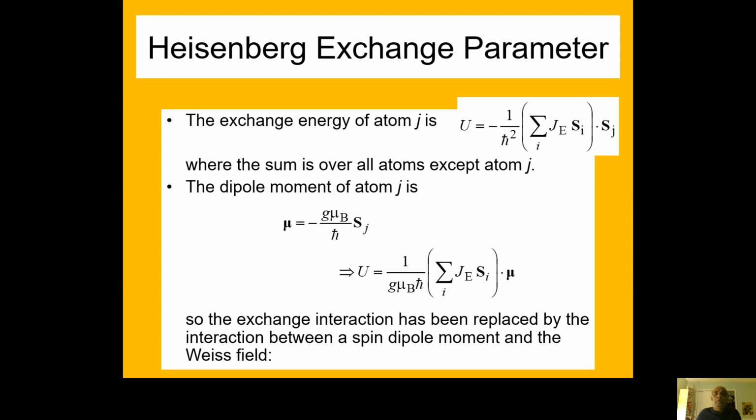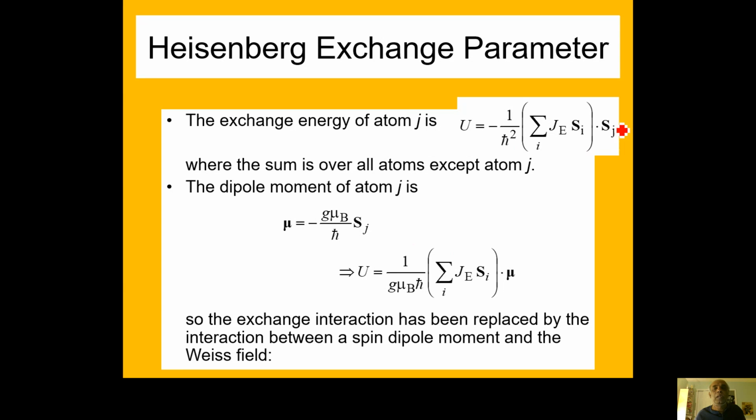So if you have this bunch of spins, suppose I want to calculate the interaction energy on the ion j due to all the other ions, so other spins.